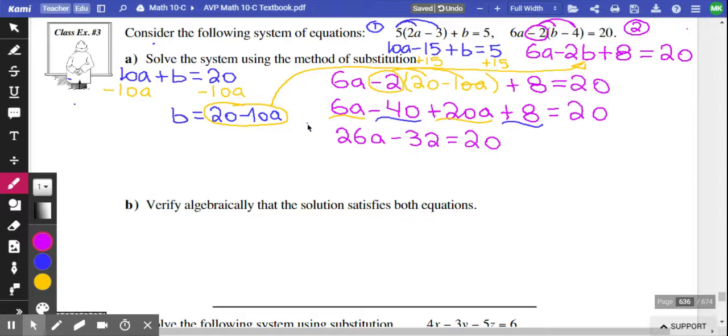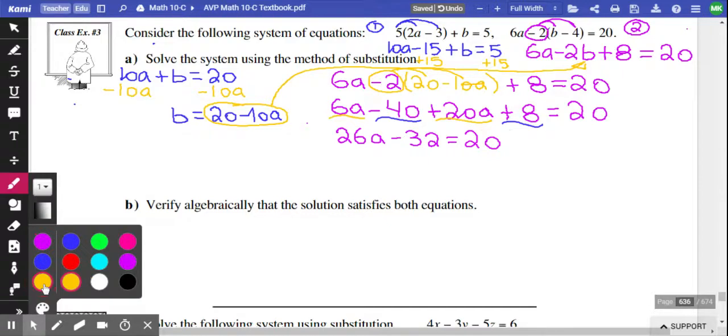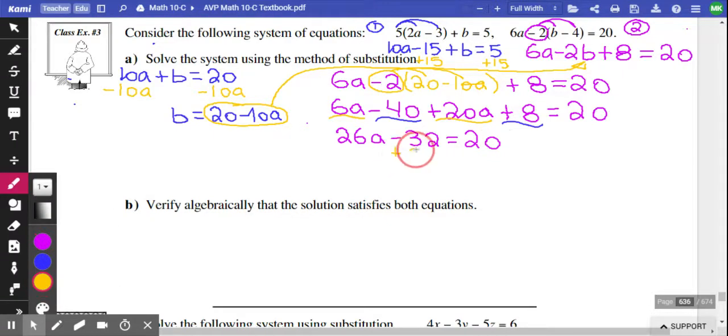We substituted, we expanded, we collected like terms. You now are set up with only one letter. You need to get that one letter by itself. So we need to get a by itself. To do that, we have to move this 32. So we plus 32 to both sides.